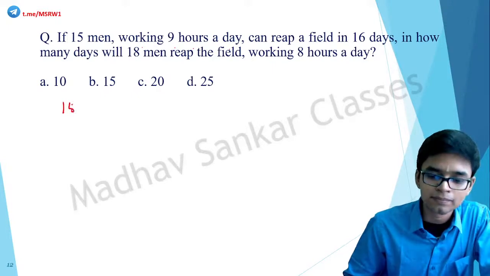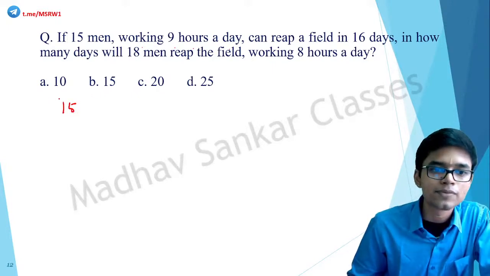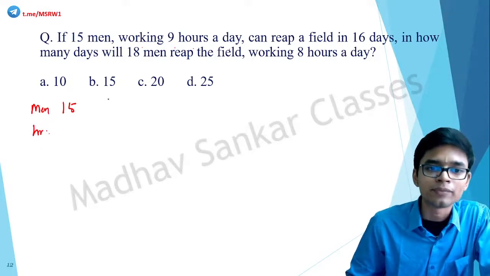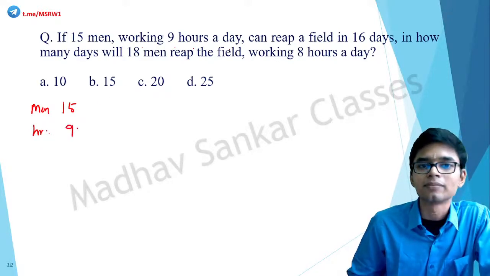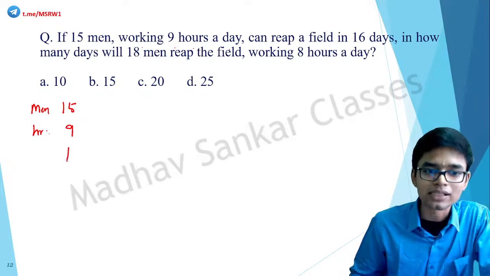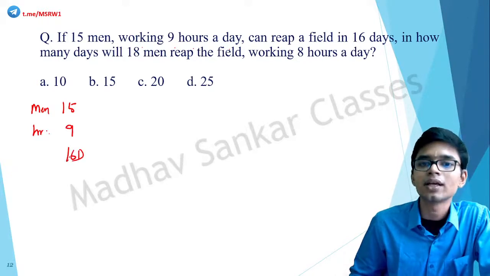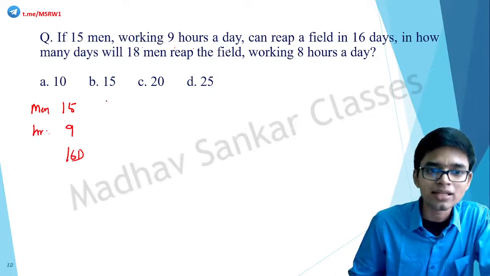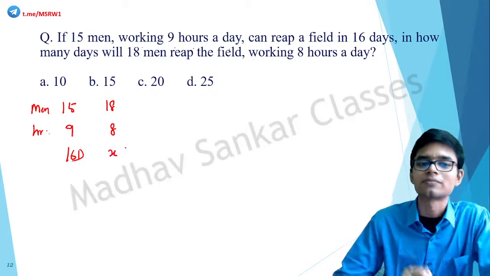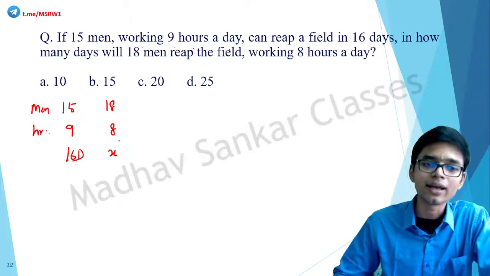15 men. So here it is men and here it is hours. 15 men working 9 hours a day takes a total of 16 days. Correct? In how many days will 18 men working 8 hours a day finish it? So let that be x days.